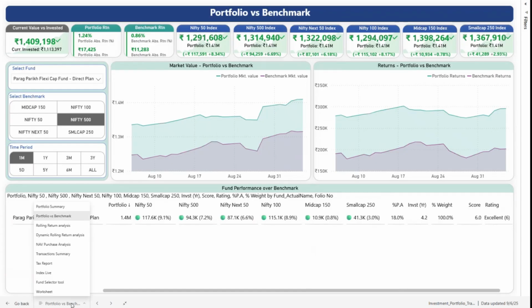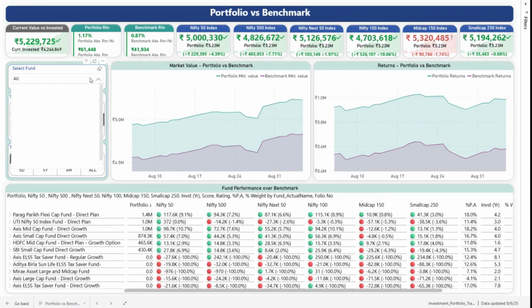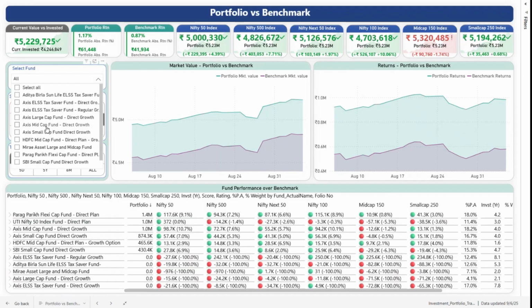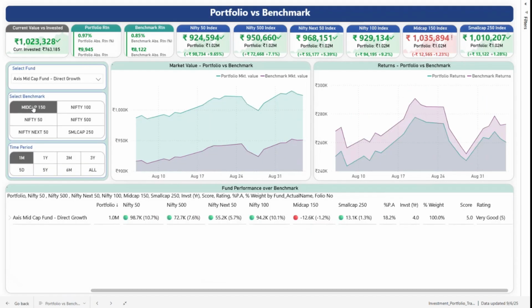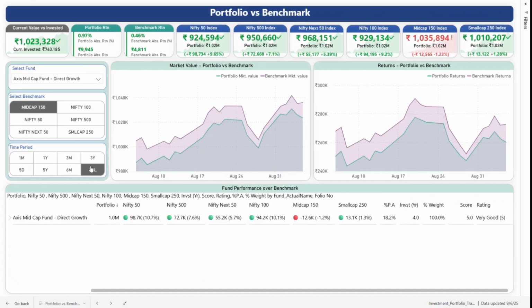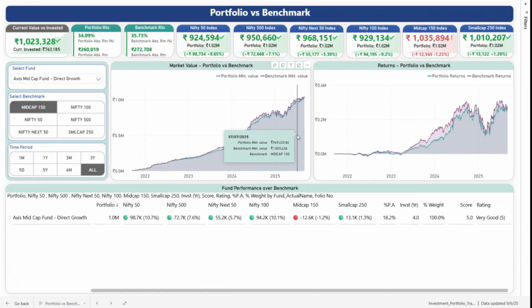Now, let's assume, let's take an example of one fund. Axis Midcap Fund, which is an active fund in my portfolio, which I have compared against the Midcap 150 fund, and I am comparing for the entire investment period. I could see that my fund was able to generate 1 lakh to 2 lakh 60,000, and the Midcap 150 fund was able to generate 2 lakh 72,000.